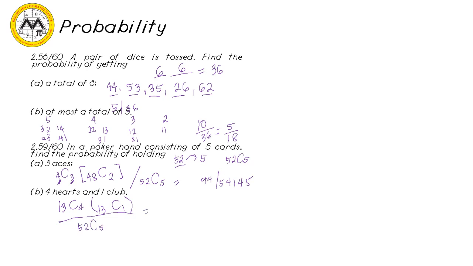So this would be 13 combination 4 times 13 combination 1 divided by 52 combination 5. And that would be 143 over 39984.